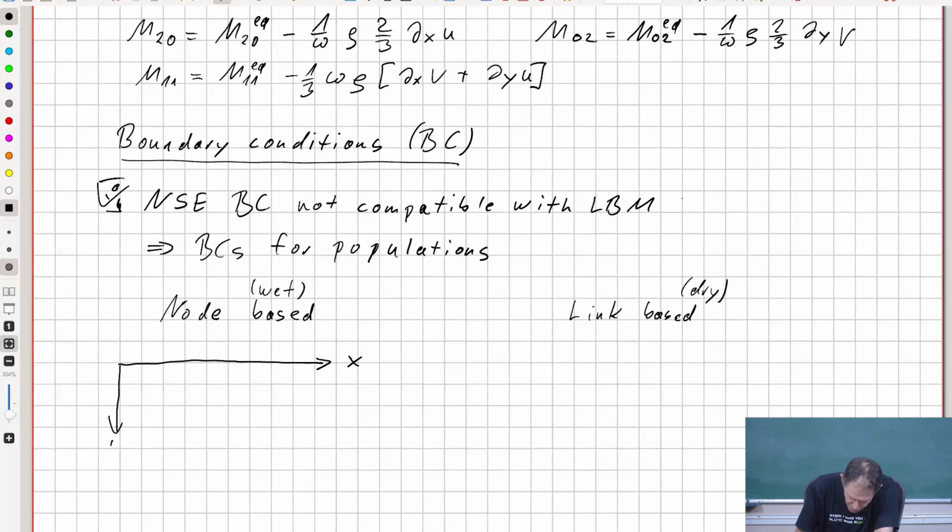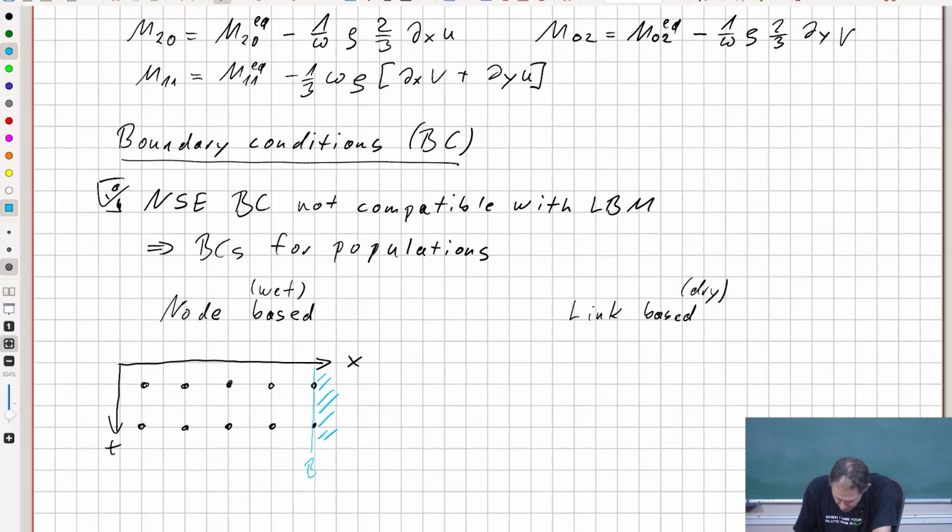This is very useful today, where we have here x and here t, and say we have these nodes. Now we assume on the so-called wet boundary conditions, let's have them in blue, that the boundary is actually on the node.